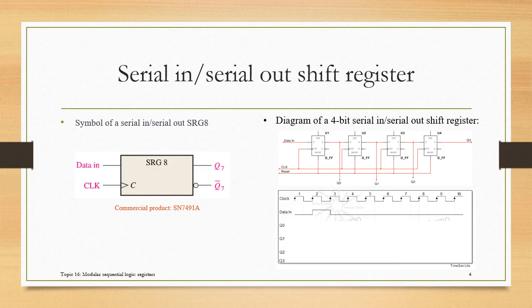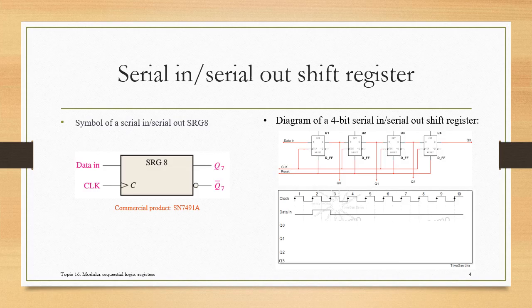The logic circuit looks like this. We have one line for data in and one line for data out. Basically, we connect the Q output of the previous flip-flop to the input of the next flip-flop.